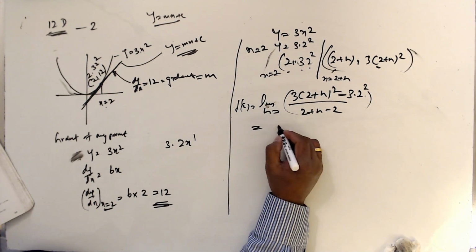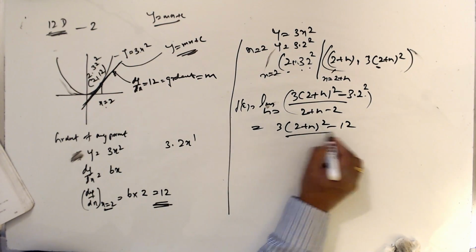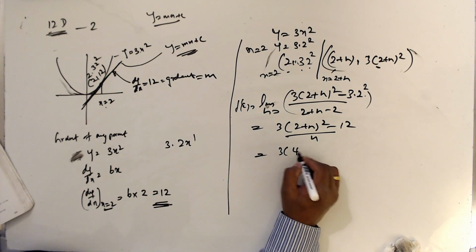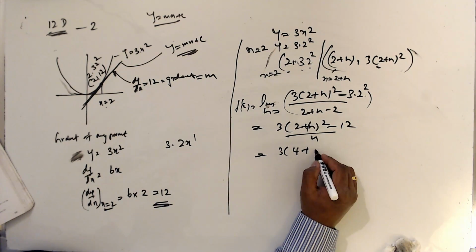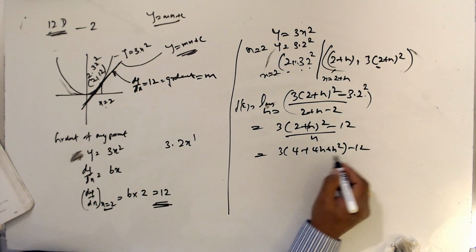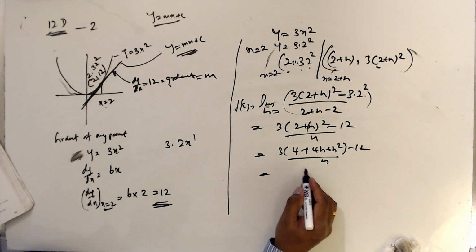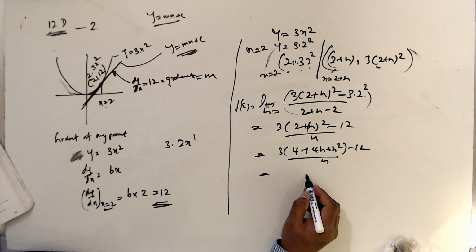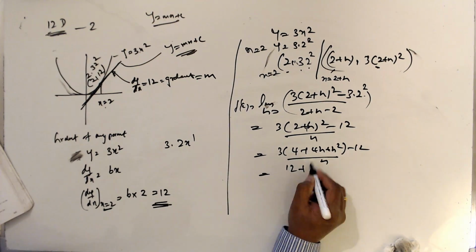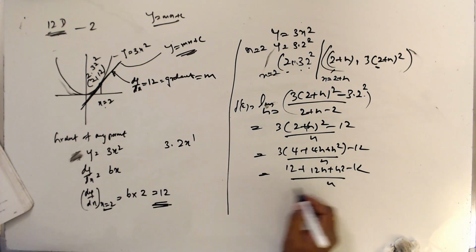So this is going to be 3(2 plus h) squared minus 12, over h. So this is 3 times (4 plus 4h plus h squared) minus 12, over h. So this is 12 plus 12h plus 3h squared minus 12, over h.